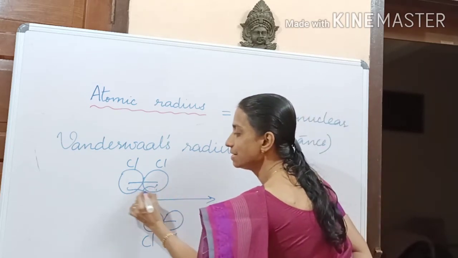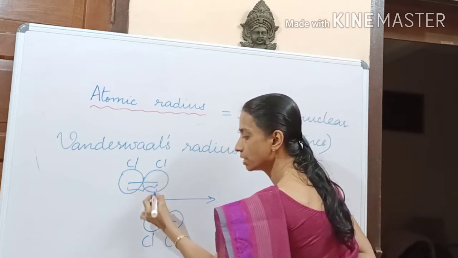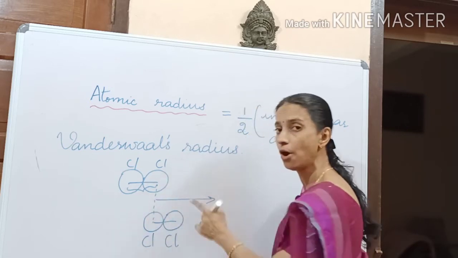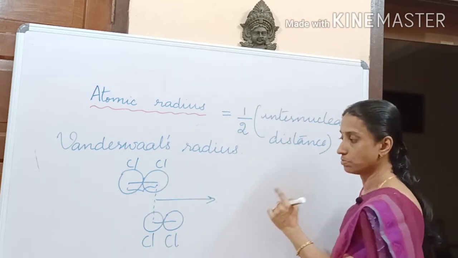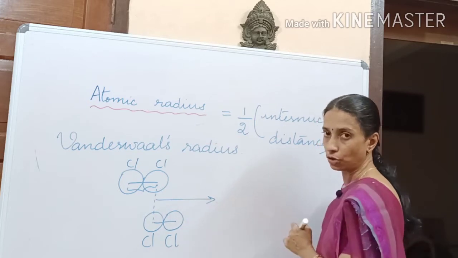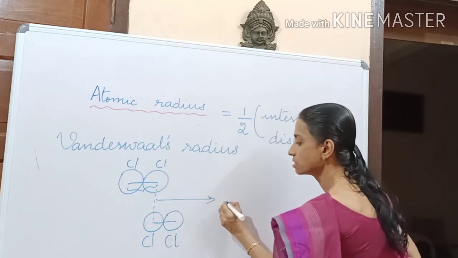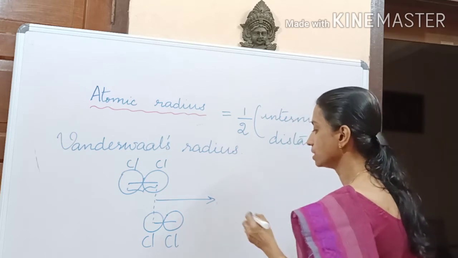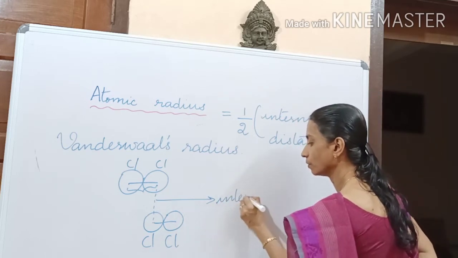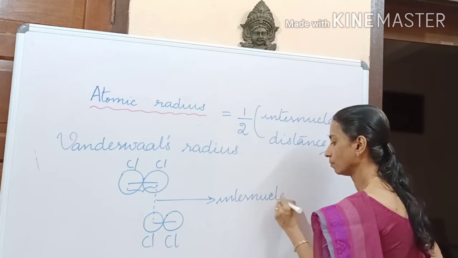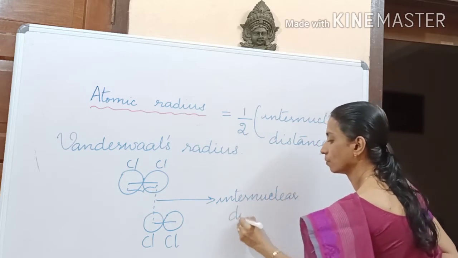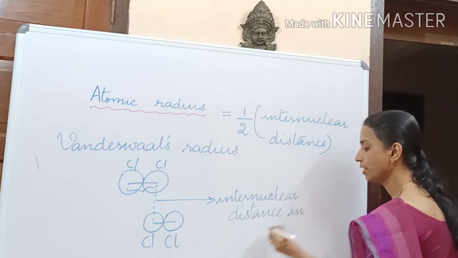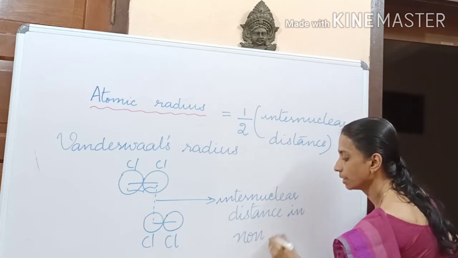This is the internuclear distance in the bonded condition, whereas this is the internuclear distance between the non-bonded atoms.